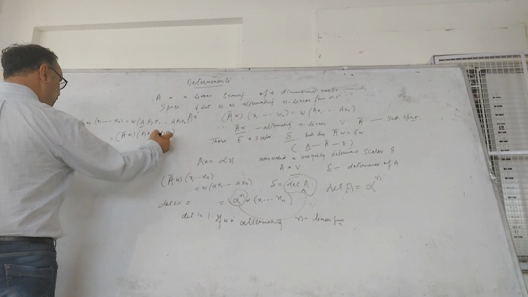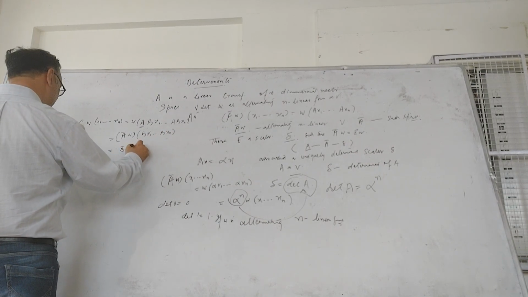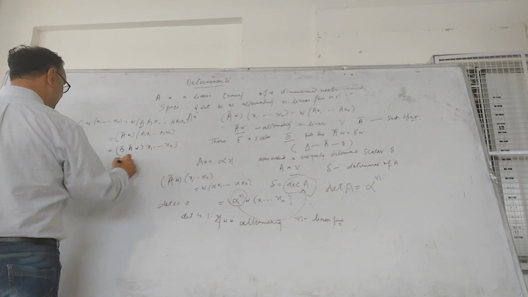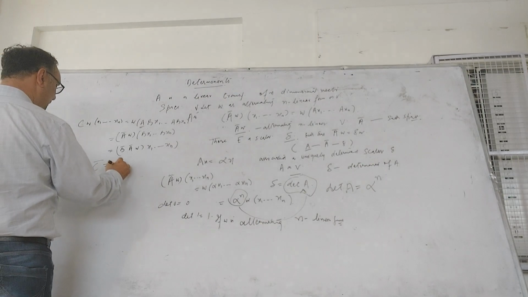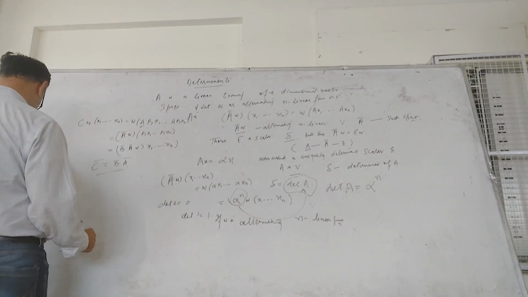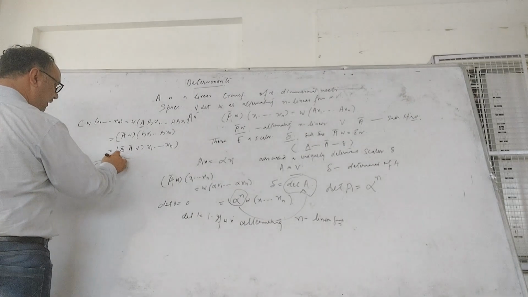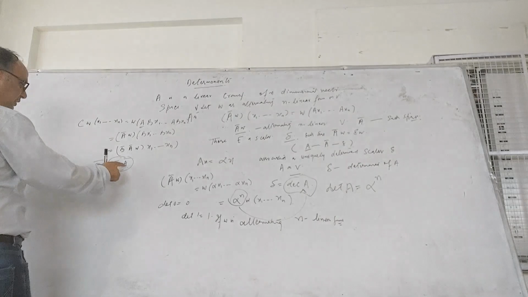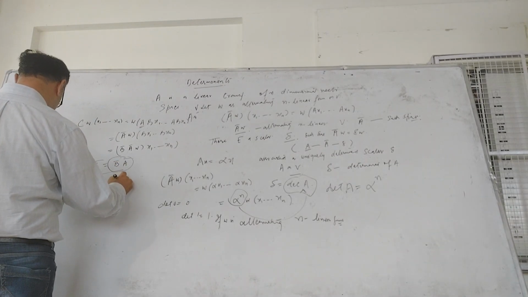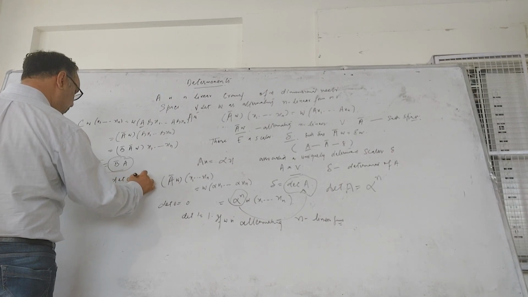So you can have B bar, A bar, omega, x1 to xn, such that C bar is B bar, A bar, or C bar omega is equal to, so now you can write this determinant in terms of these two things, as determinant of C into omega.